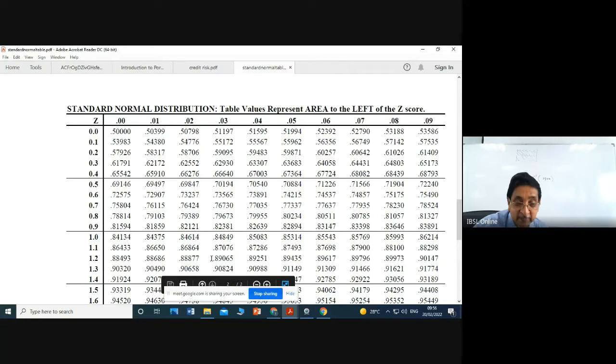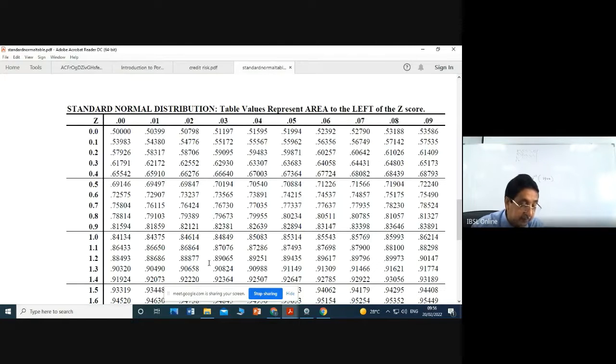9 is also possible, but if you want to get it accurately, there's a way of doing it. Now this 0.01 difference is represented by 0.89065 minus 0.88877.